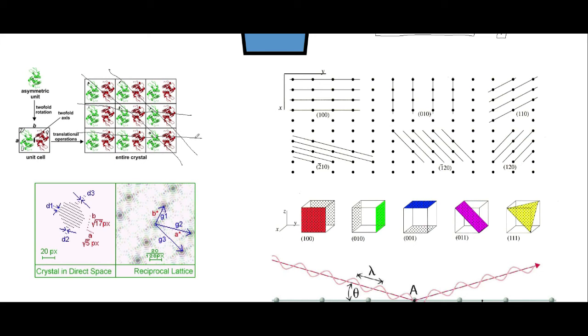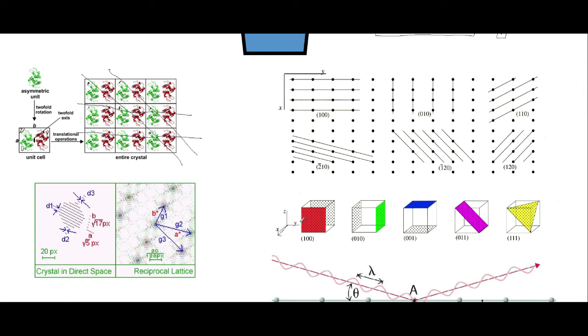So we have these various planes here that give us our Miller indices. And so you can see here that there are various ways that we can arrange these planes, and we give them these number identifiers based on where these planes are. So you see here what's shown in red is x is at 1, so 1 right there.